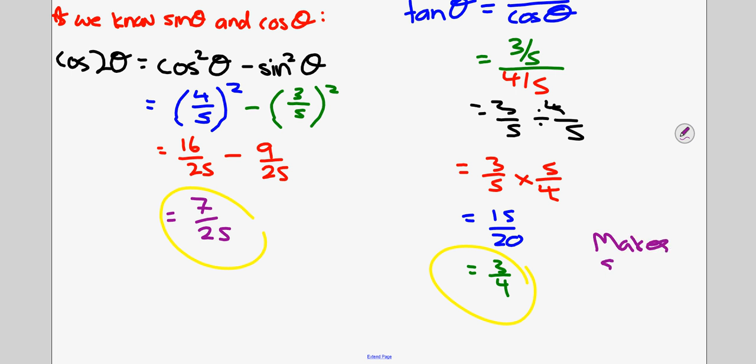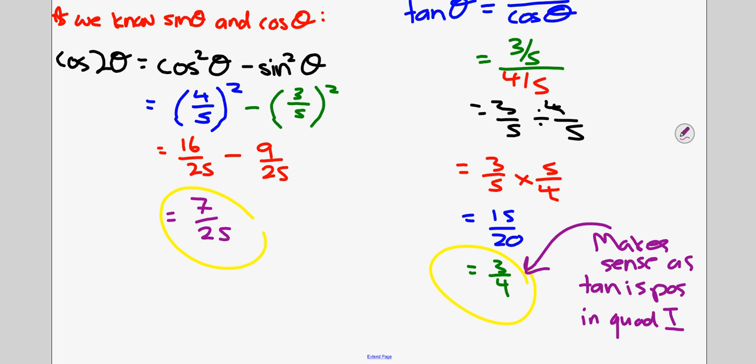It makes sense as tan is positive in quad 1. Sometimes it's good to critically analyse your answer because maybe we're in quadrant 2 and we should have made tan negative. I tend to work out the answer and then decide if it's positive or negative for the sign parts anyway.